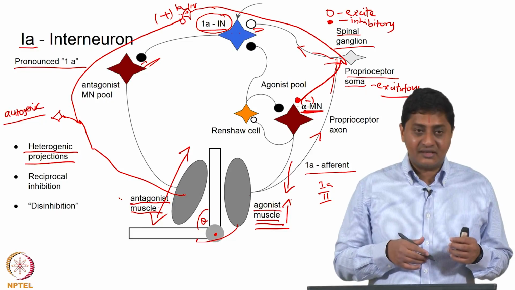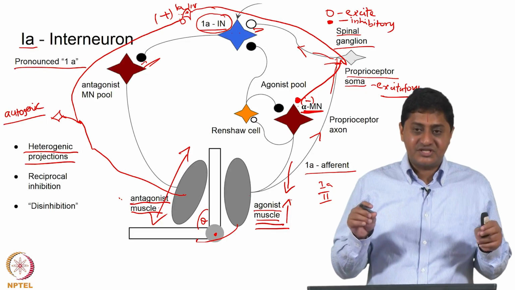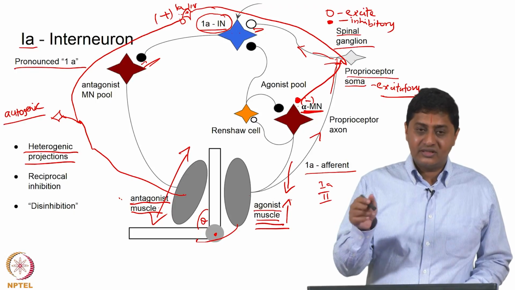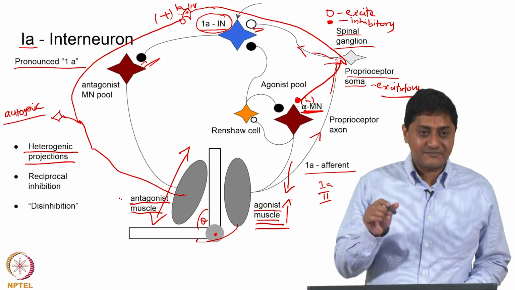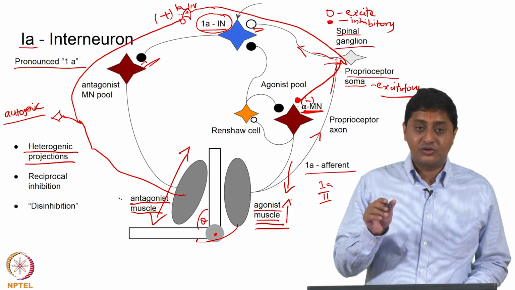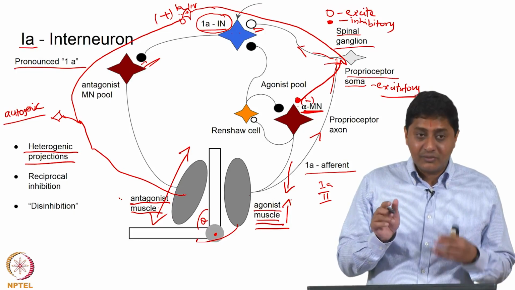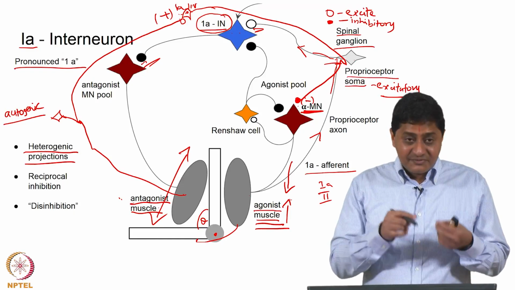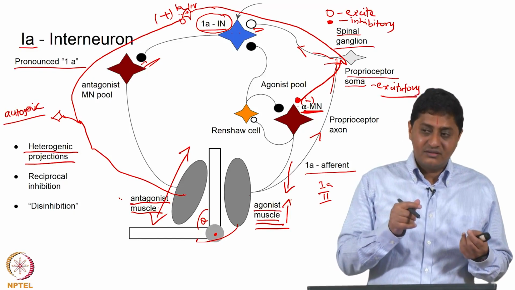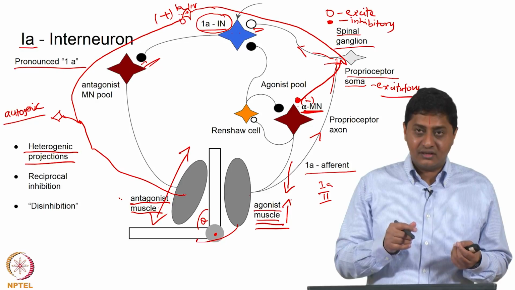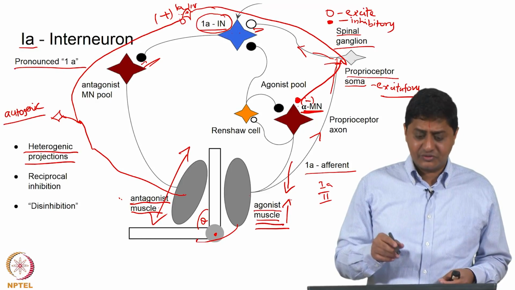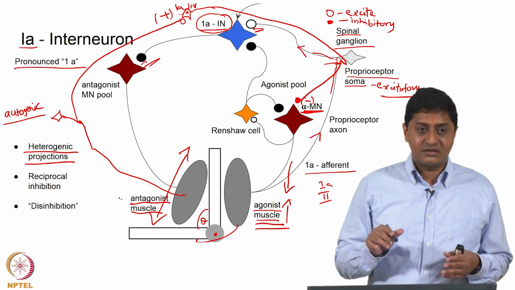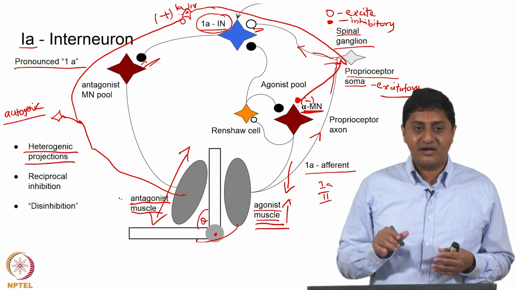If biceps is contracting, then triceps will get stretched, and triceps will inhibit the motor neuronal pool that innervates biceps, because it is that motor neuronal pool that is causing this contraction. So, I want to minimize that. Or if triceps is contracting, then biceps will get stretched and it will send inhibitory information through the 1A interneuron to reduce, minimize or balance the amount of contraction in the triceps.